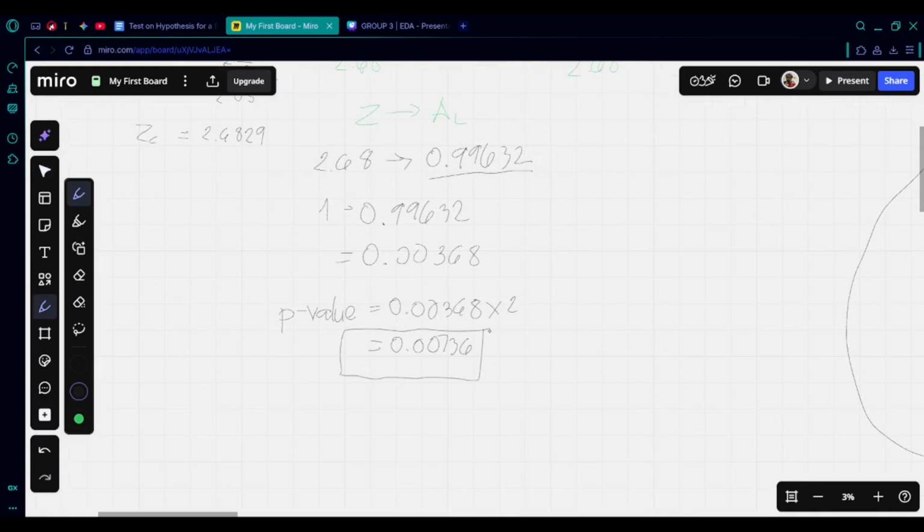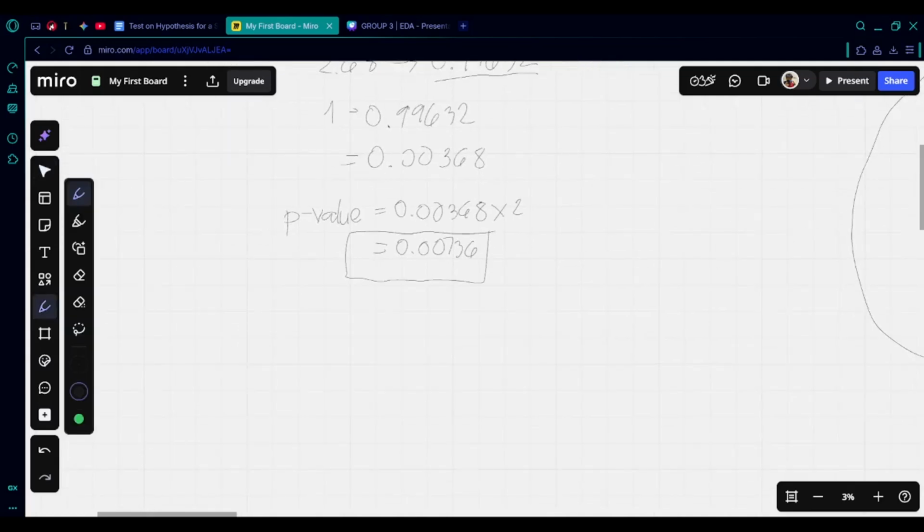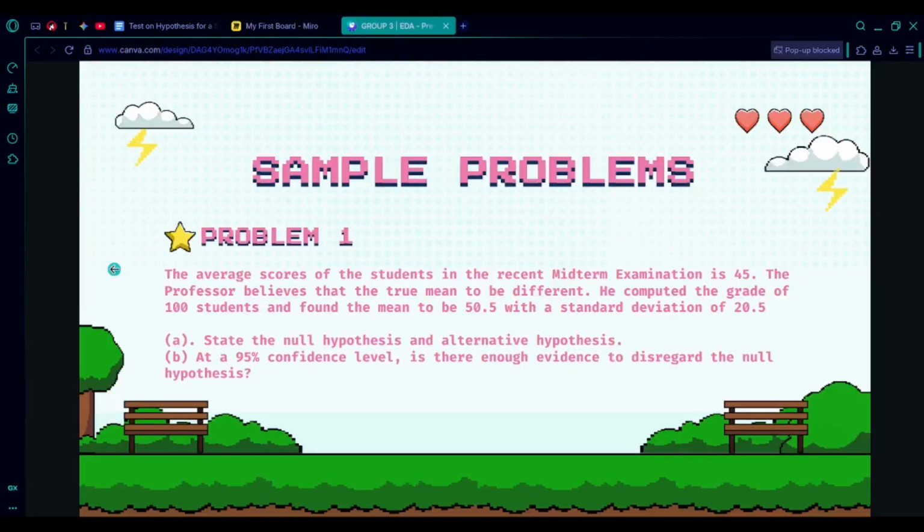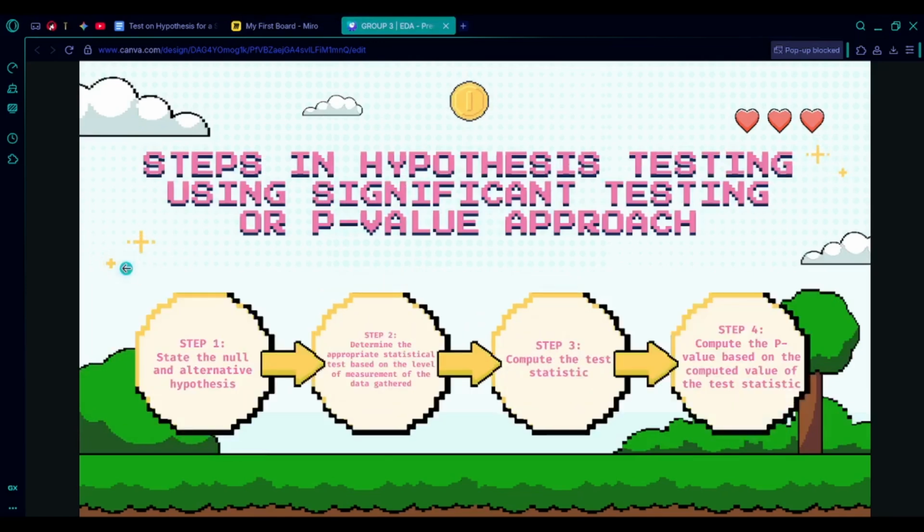So now that we have our p-value, going back to our next step, which is we will now be stating the decision based on the resulting p-value and knowledge of the scientific system. So as I discussed earlier in the decision rule, we bring back the PowerPoint to the decision rule.